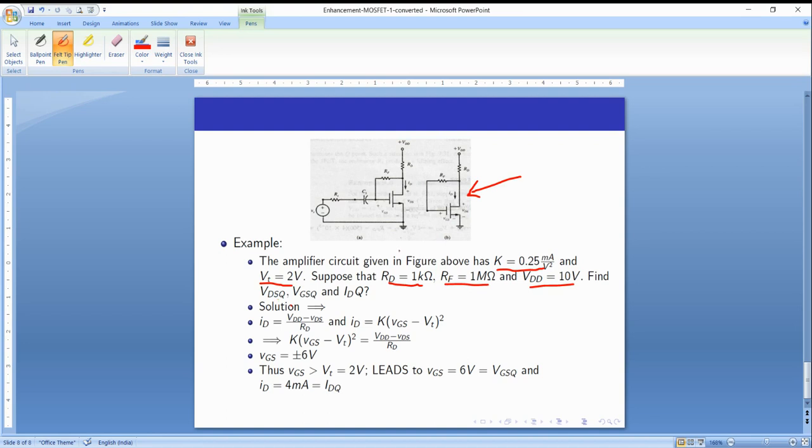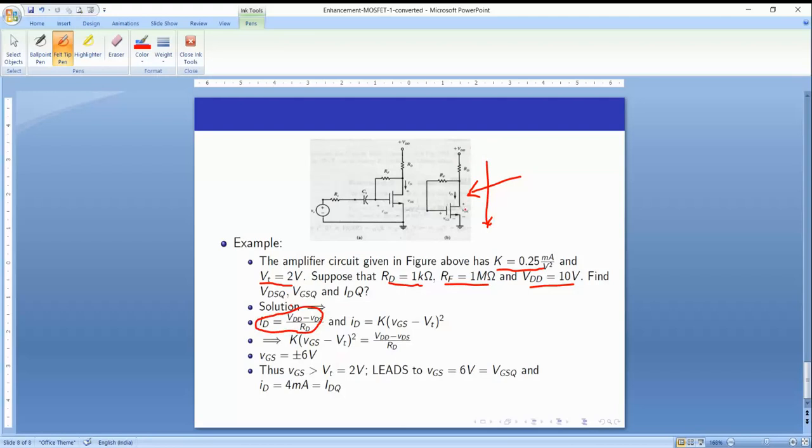First, in order to find VGS, let us apply KVL to this loop. If you apply KVL to this loop, the current flowing through RD, with IG being 0 anyhow, is ID equal to (VDD minus VDS) by RD. It is nothing but VDD equal to IDRD plus VDS.